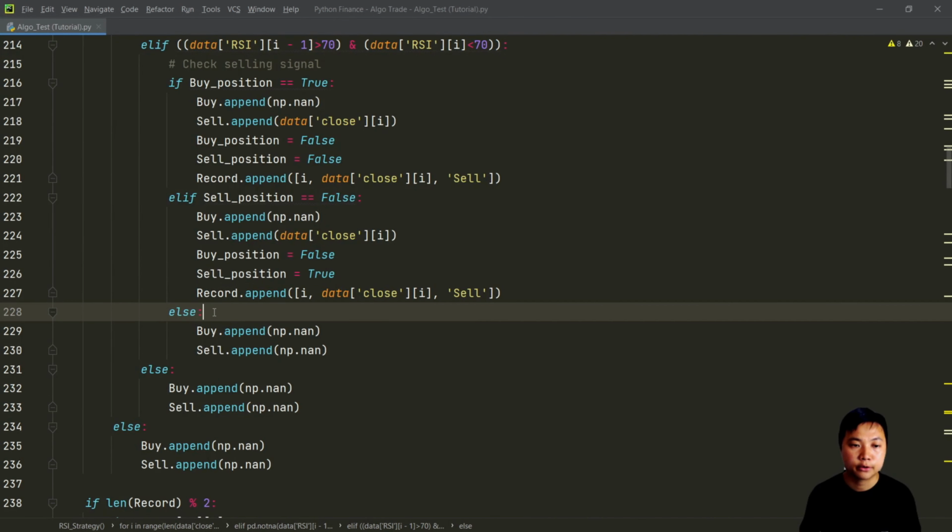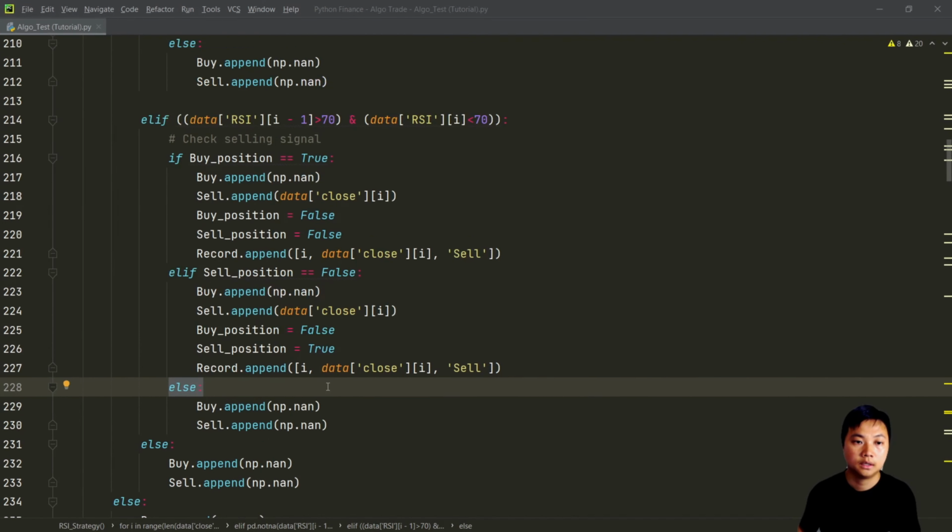And the final scenario is that if we've already shorted the market, we do not want to enter another short contract, so we will do nothing.